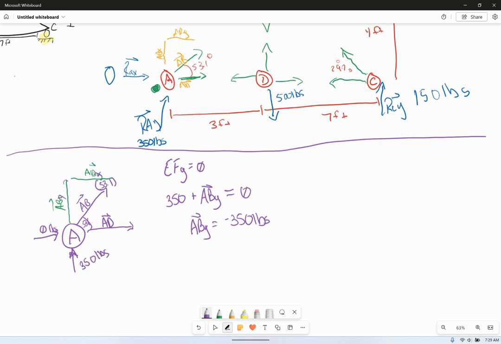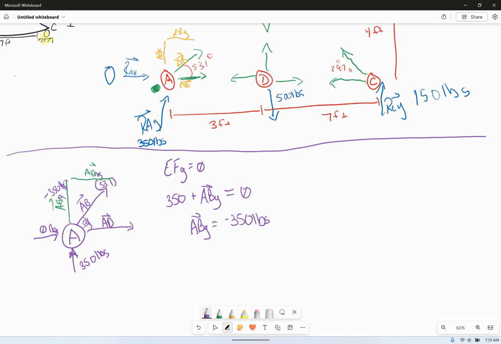When we get a negative number, we're saying no, it is actually going down and to the left. So our assumption with the method of joints was not accurate, but we are not going to change anything until we get to the end of it. So now I know that my ABY is negative 350 pounds.